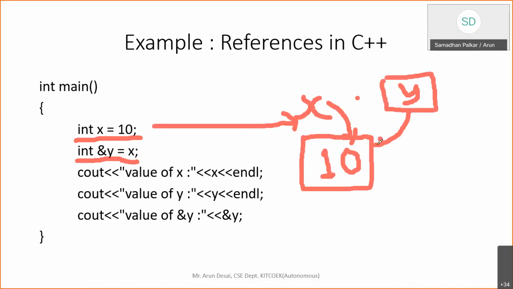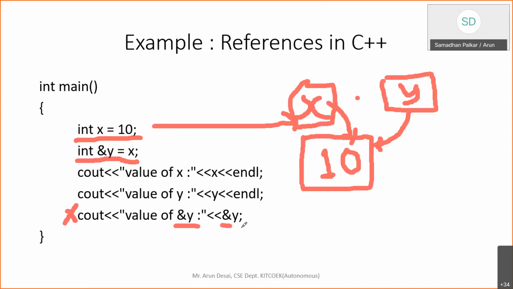it will directly point to this, right? So it is simply, you can say, an alias name given to the same variable, right? If you call the value of x, then it is 10, and if you call the value of y, then also it will give you 10. But if you ask for the value of ampersand y, what should be the answer for the third statement?